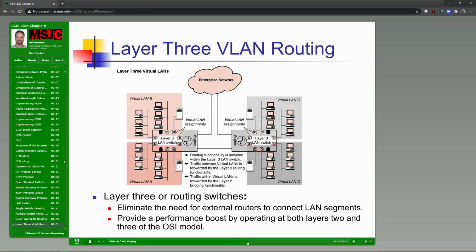So these layer 3 switches can take the information from the various virtual LANs and forward it to the appropriate destinations without the need for an external router. This provides a performance boost by operating at both layers 2 and 3. And as I said, it adds to the cost of the device as well.